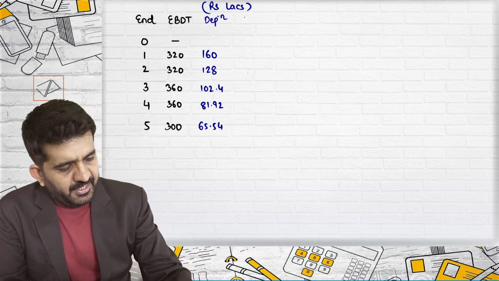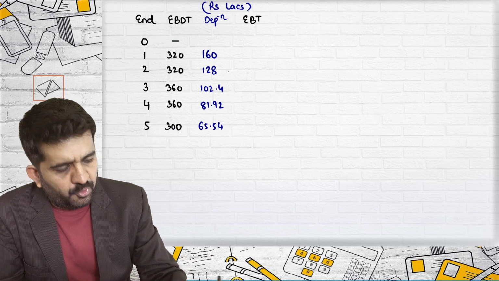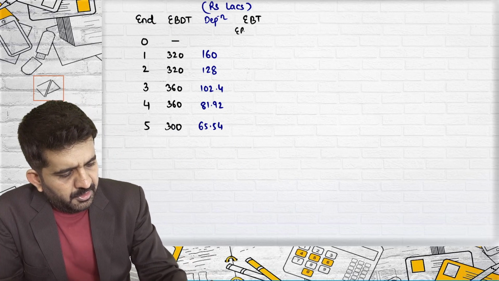I will be finding out the next column, earning before tax. How to find out?